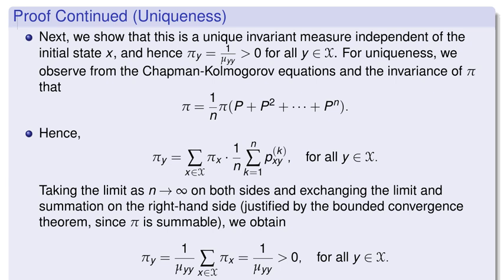We obtain pi sub y equals the sum over x in script X of pi sub x times 1 over mu sub yy. Since the sum of pi sub x over all x is 1, this simplifies to pi sub y equals 1 over mu sub y, which is greater than 0 for all y in script X. This shows uniqueness and the form of pi.